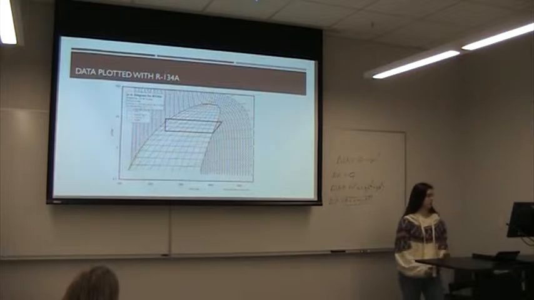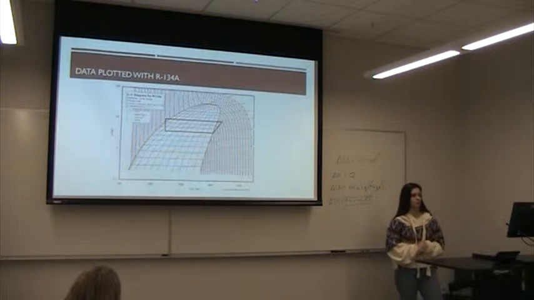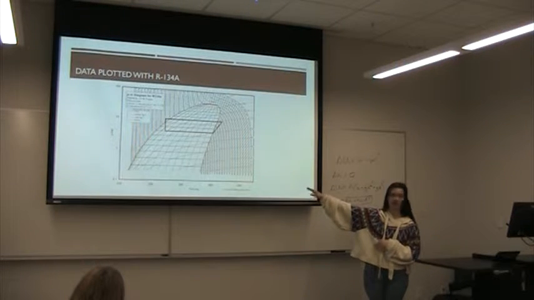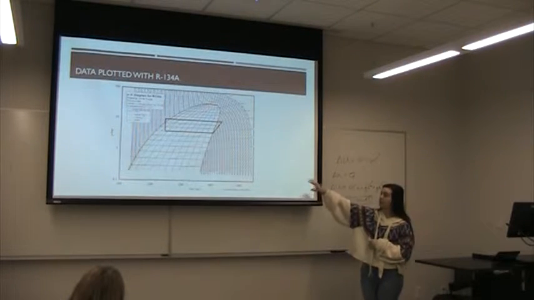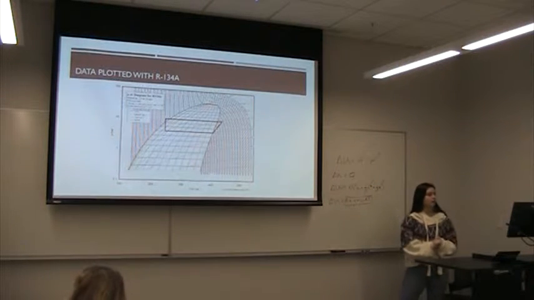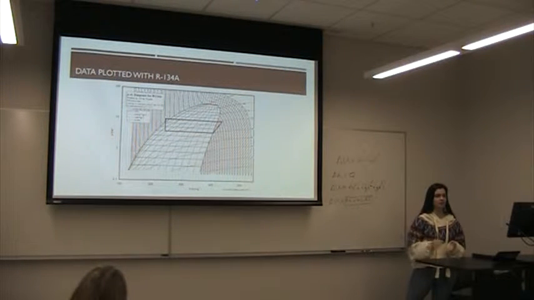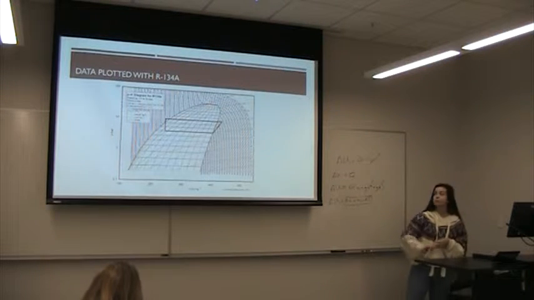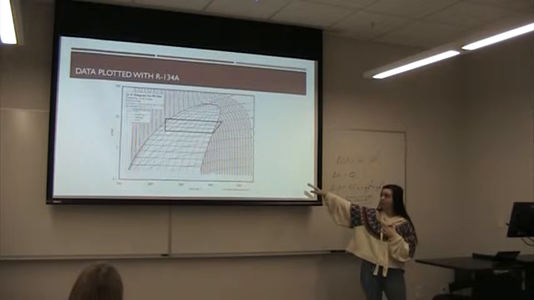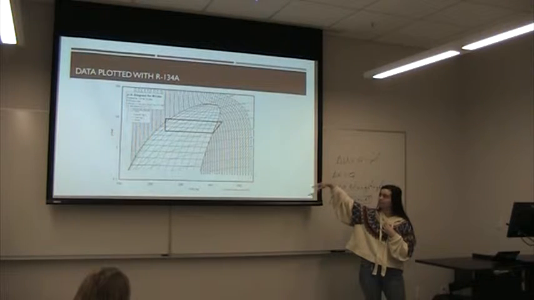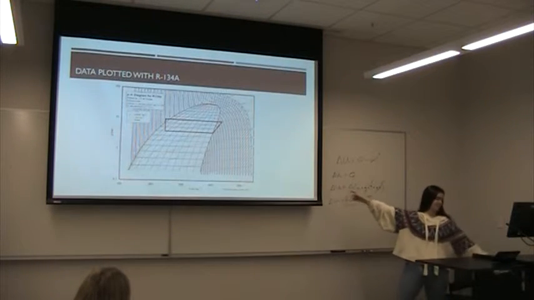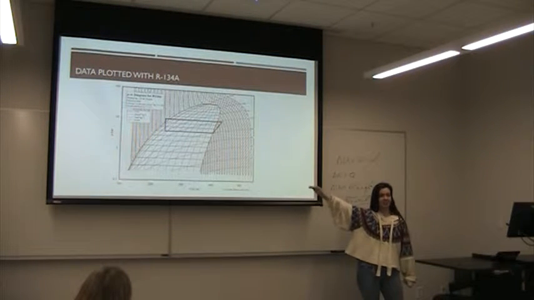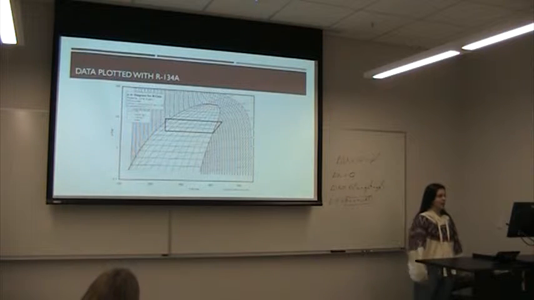With those data points, I made an average of what it would be compared with our R134a coolant, and I plotted this, with the assumptions that the throttling is adiabatic, so we go through our evaporator up through our compressor and then into a condenser, and we assume that through the condenser the pressure doesn't drop.